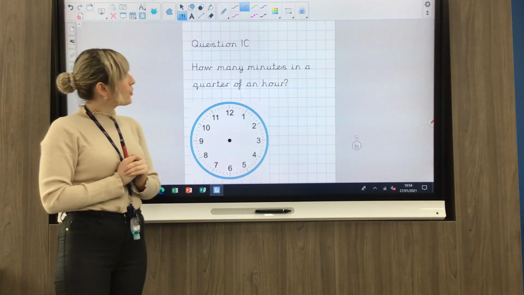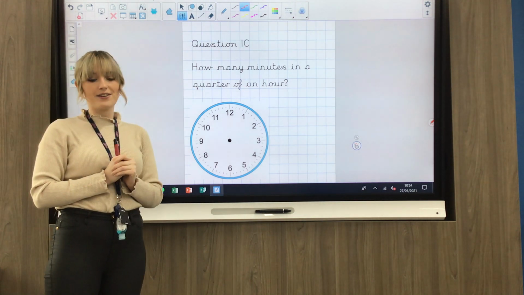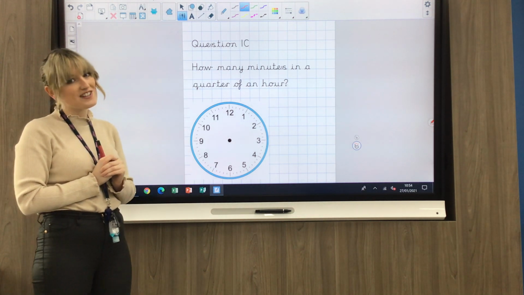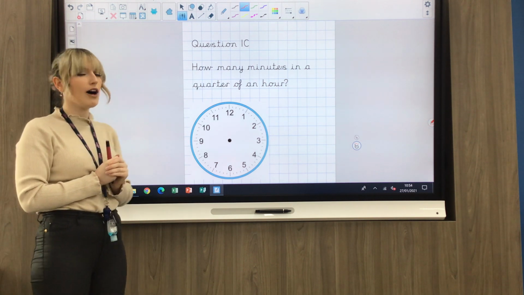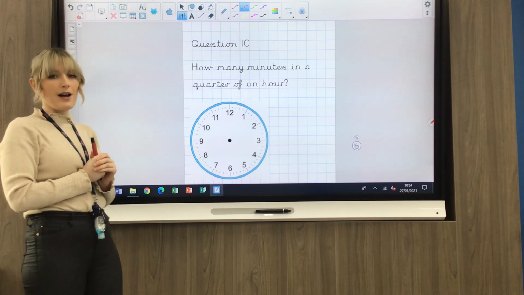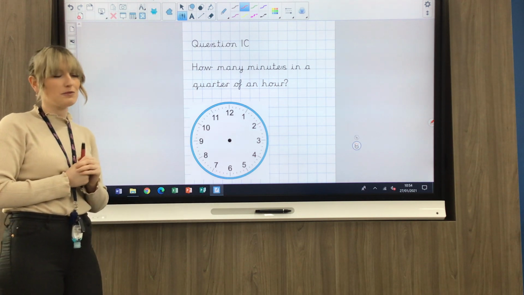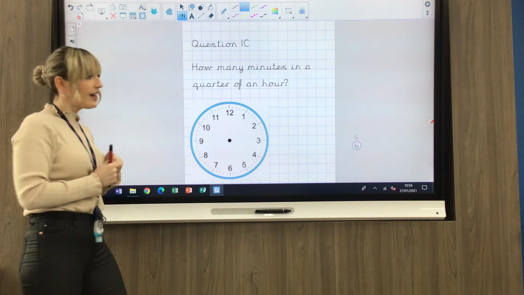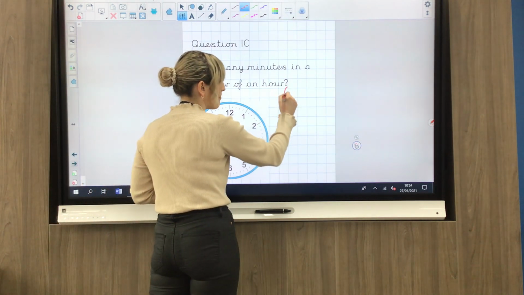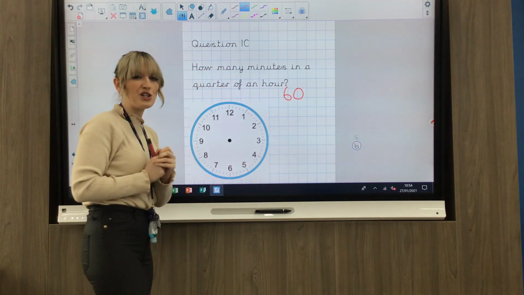Okay, question 1c. So we're in the tough challenge section now. It says how many minutes in a quarter of an hour? I've put the picture of a clock here to help you. Now, 1 full hour is 60 minutes. We know that.